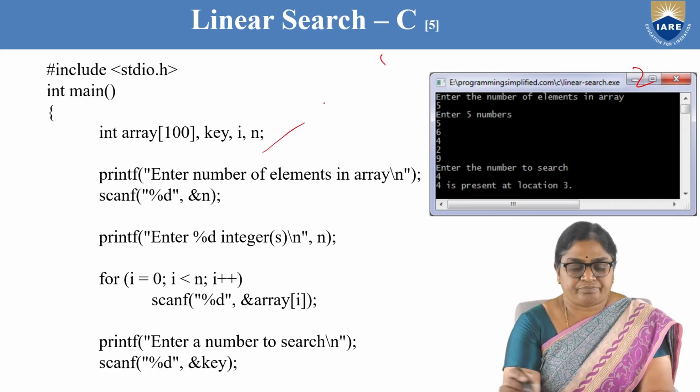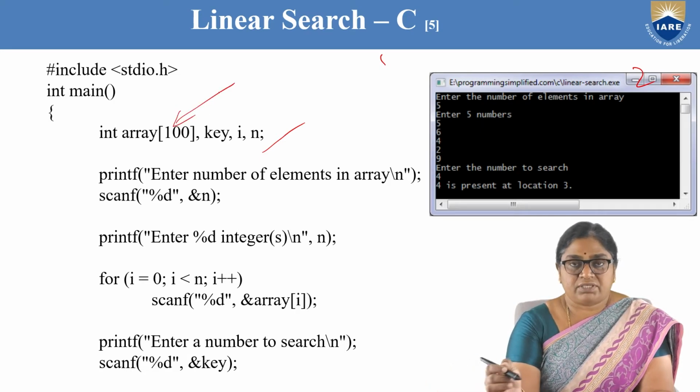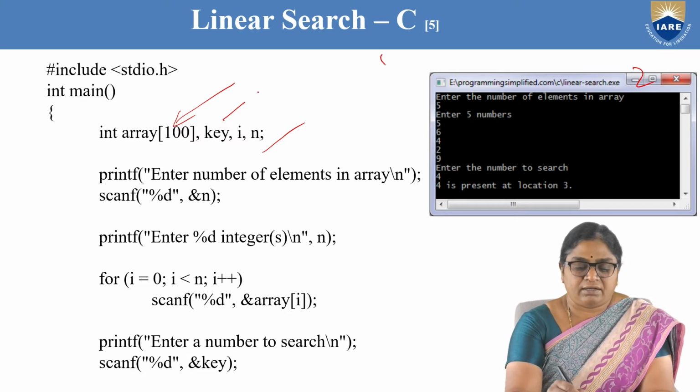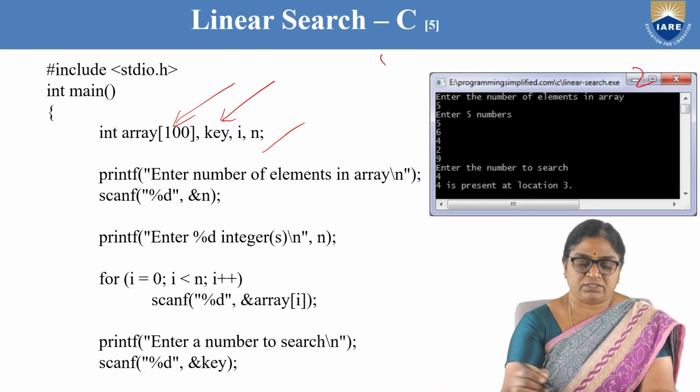In this one, we are giving array of 100. That means here we are declaring an array which can hold 100 elements, and a key variable in which we will store the element which we want to search.